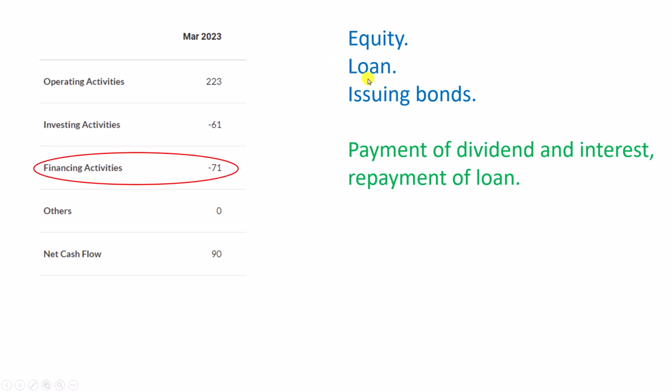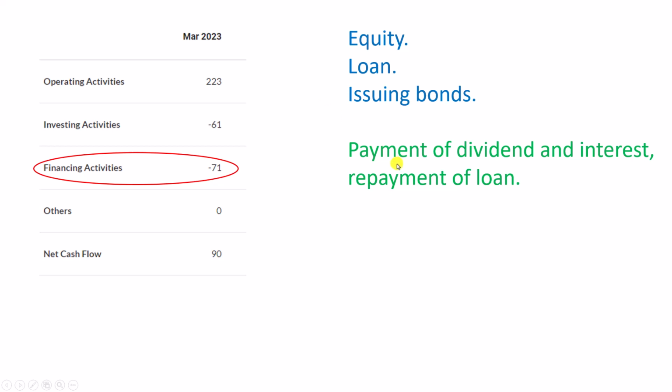If the company takes a new loan, then money would come to the company and that would count as incoming plus. Next, by issuing bonds, the company gets money. Okay. In other words, by doing all these, the company gets money. So plus, money would come to the company.